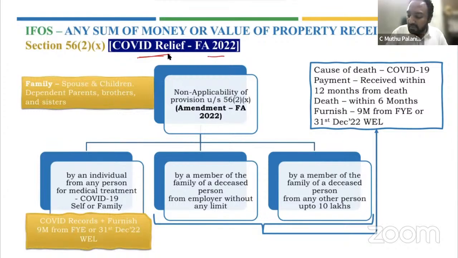So COVID relief is given to an individual, and it could be given by any person. It is given for COVID treatment of self or family. So what is the condition? All the COVID records, the positive report, the medical diagnosis, all of this should be submitted, and that record should be submitted within 9 months from the financial year end or 31st December 2022, whichever is later.